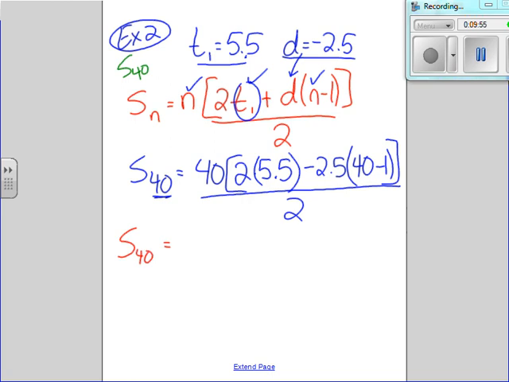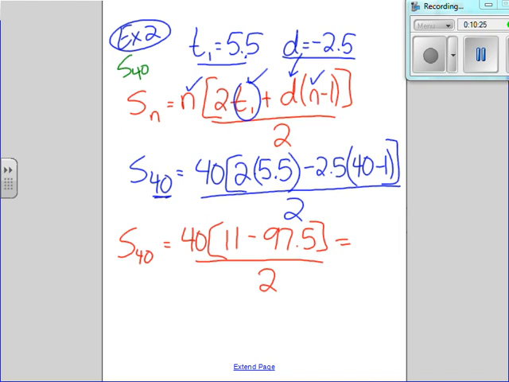So you've got the sum of 40. I'm going to do everything in the brackets first. So I've got 2 times 5.5 is 11. I've got 40 minus 1 is 39. I've got 2.5 times 39, which I can put into my calculator because I'm lazy and I'm really tired at the end of the day. And that's going to end up equaling negative 97.5, and that's all over 2.